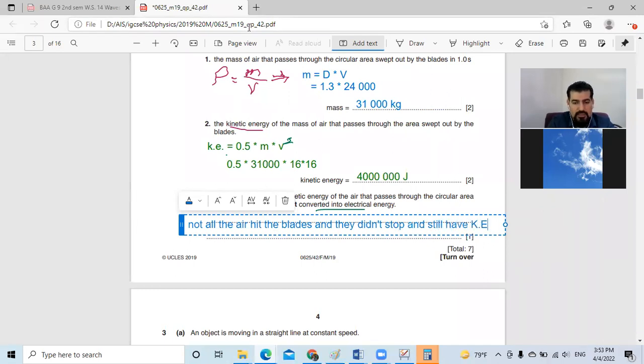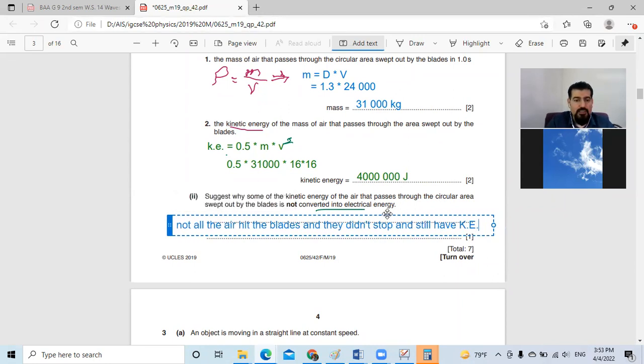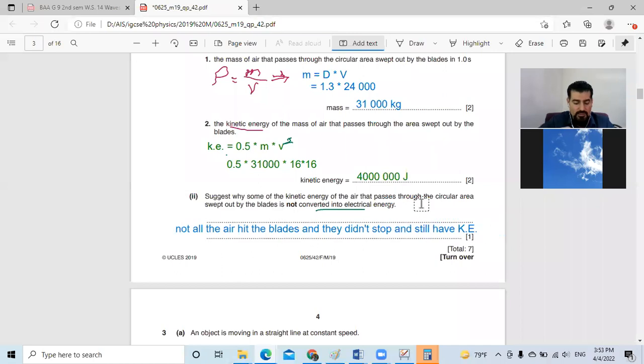Kinetic energy. So because they still have kinetic energy, that means not all the kinetic energy is transferred to what? Yes, not all the kinetic energy is transferred to be electrical energy.